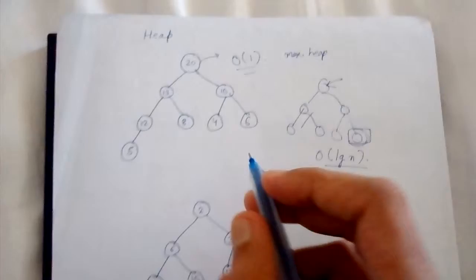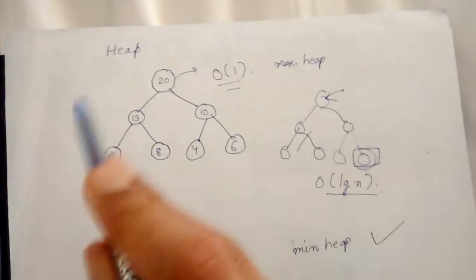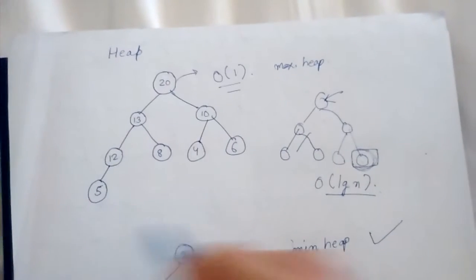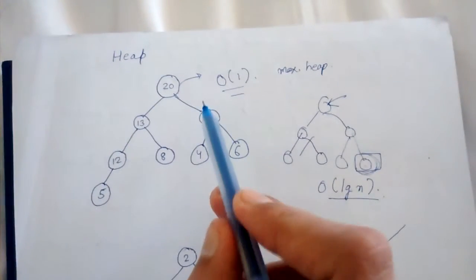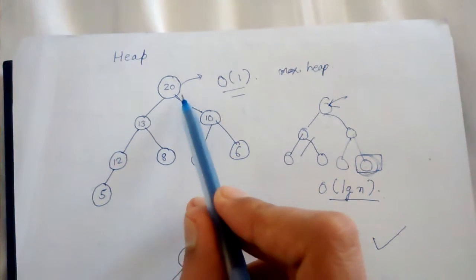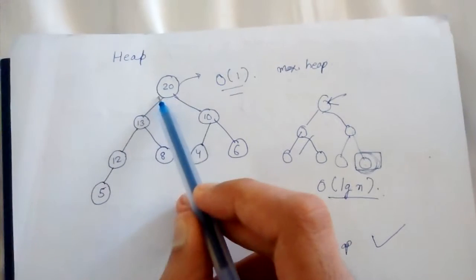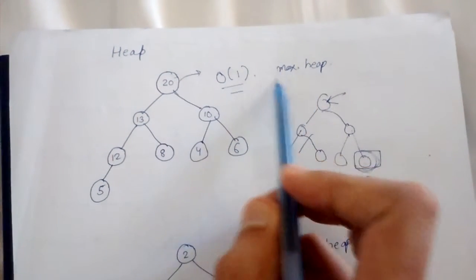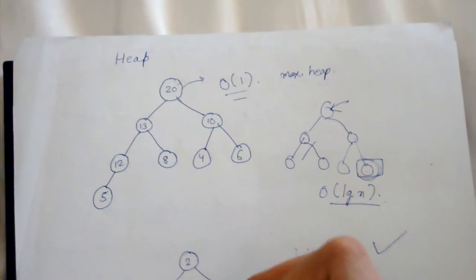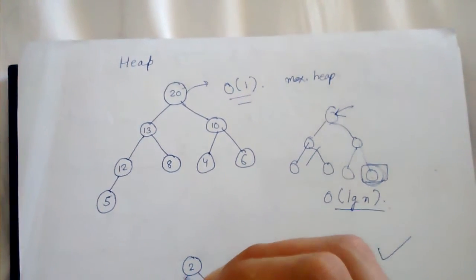Okay, so now what we see is a structure similar to a tree. Actually, a heap is a structure similar to a tree. What are the constraints while storing data in a heap? We will see for maximum heap, and the same applies for minimum heap also, in the reverse direction.